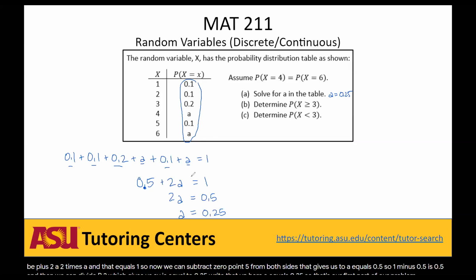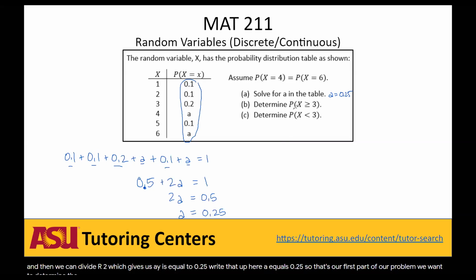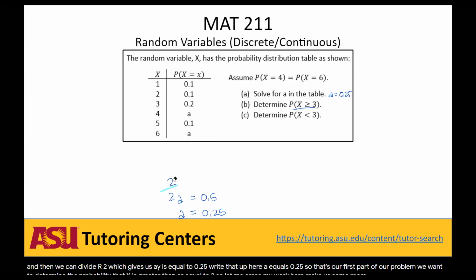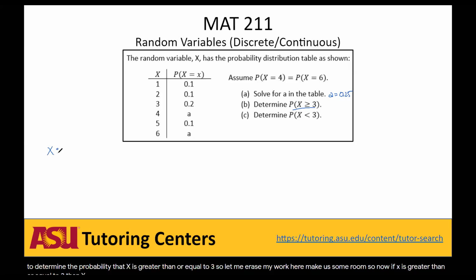Next, we want to determine the probability that x is greater than or equal to 3. Let me erase my work here, to make some room. Now if x is greater than or equal to 3, then x can be 3, 4, 5, or 6.